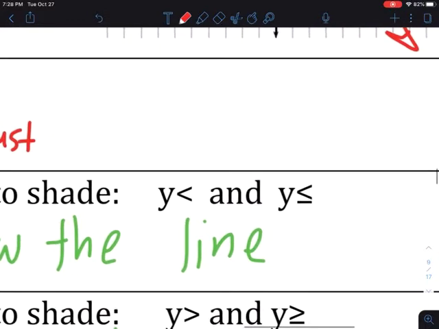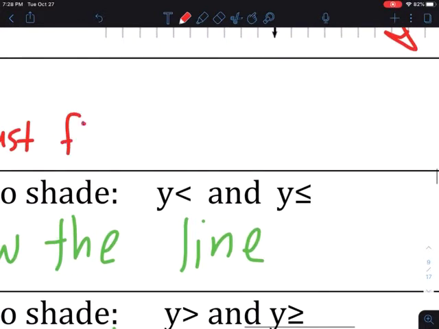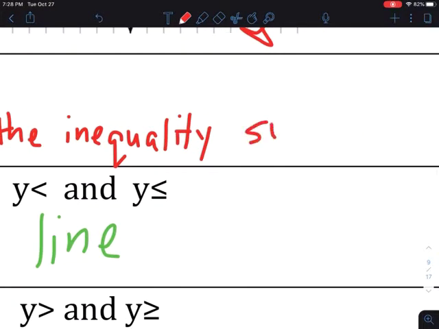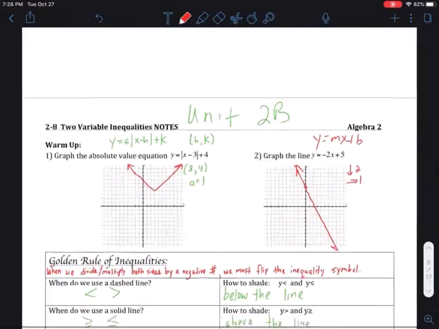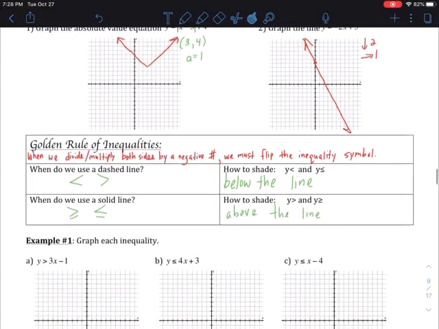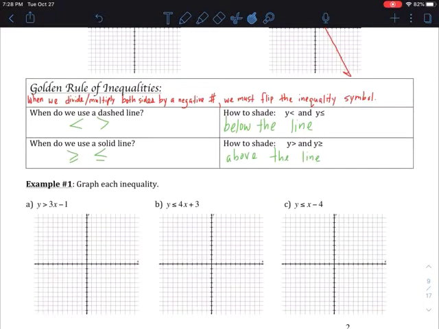Actually, let's rephrase that. We must flip the inequality symbol. All right, let's look at that again. When we divide or multiply both sides by a negative number, we must flip the inequality symbol. That'll come up later in the lesson, not right away.